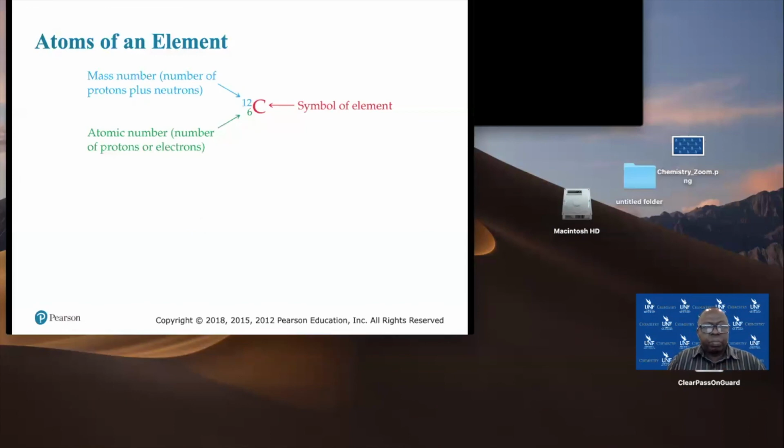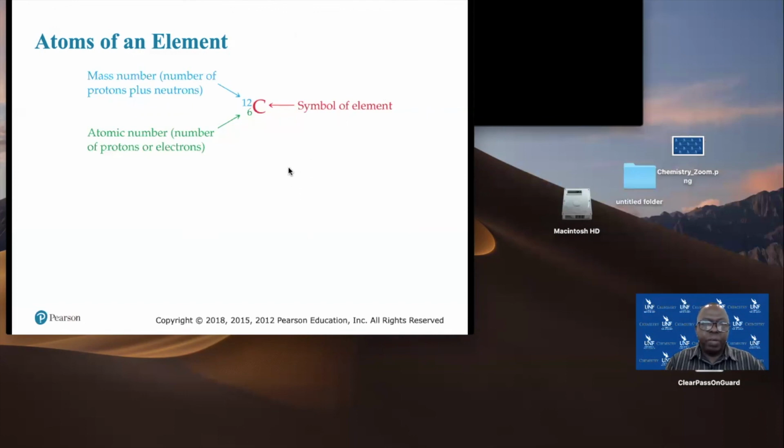Now, this is not the way you will see it on the periodic table. On the periodic table, where we are going with this is the subatomic particle.